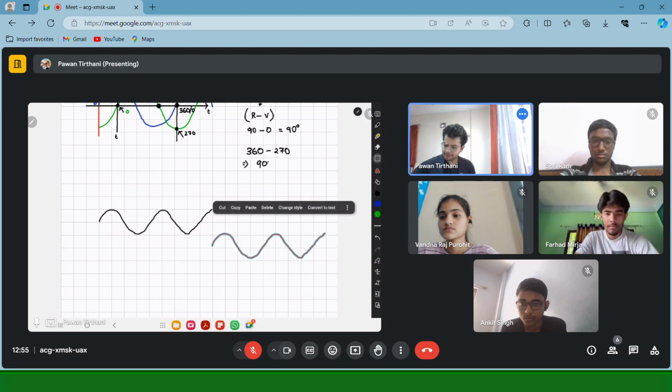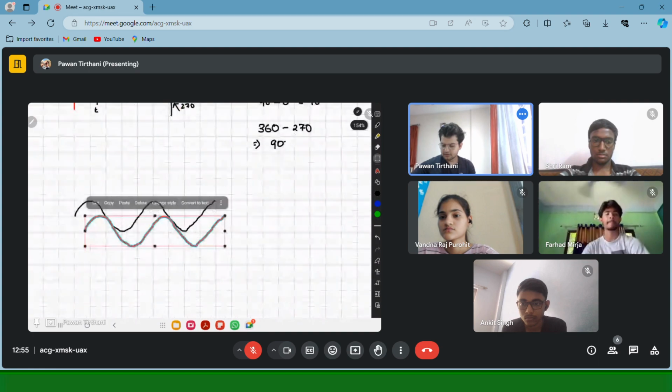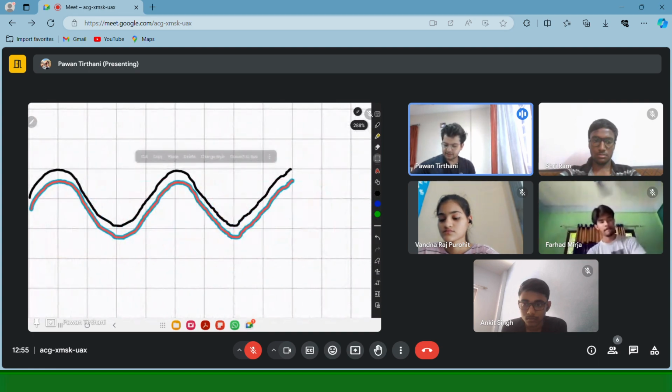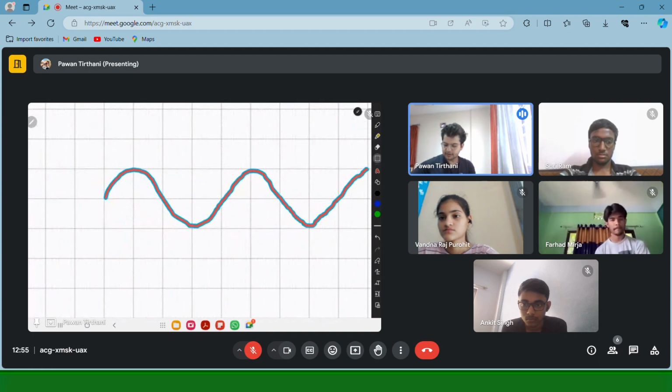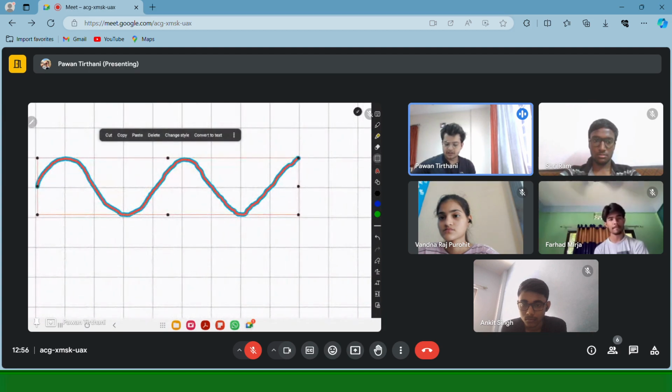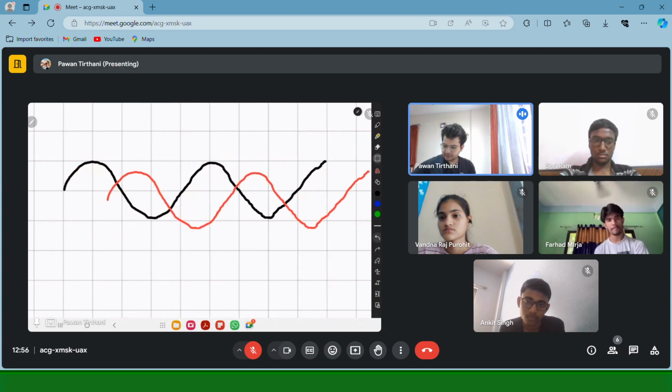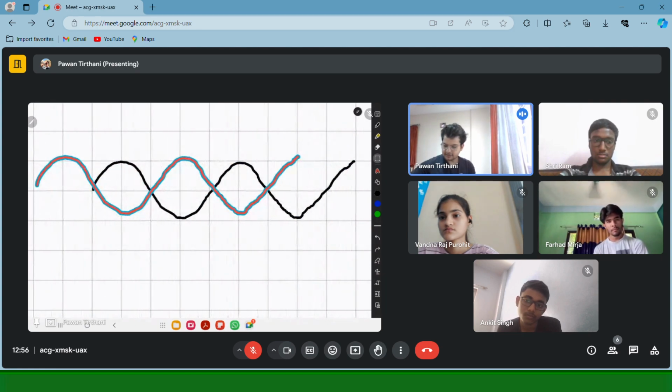Okay, I have this reference wave and I have this variable wave. Now these both waves, they are in phase, kind of like this. If I tell you that the wave, instead of being like this, is like this, so they are opposite phase, right?